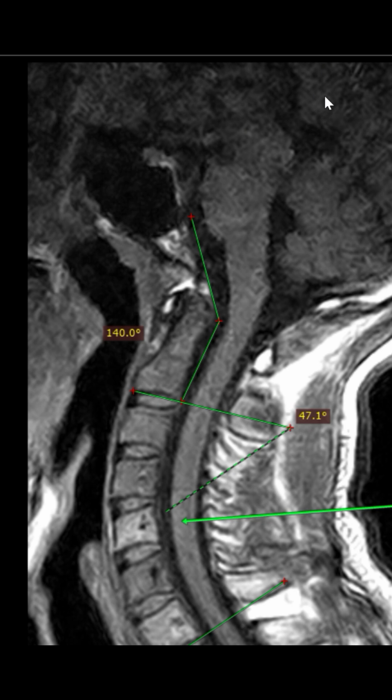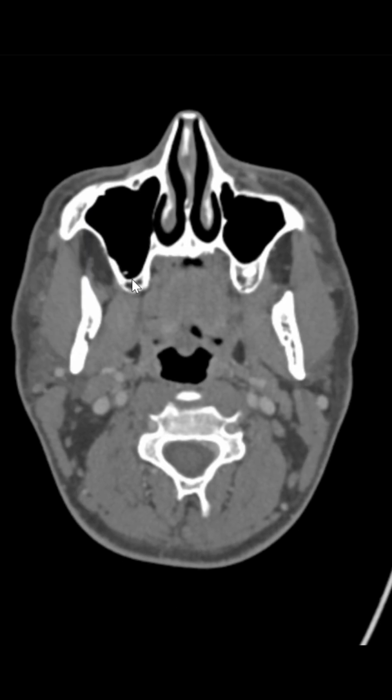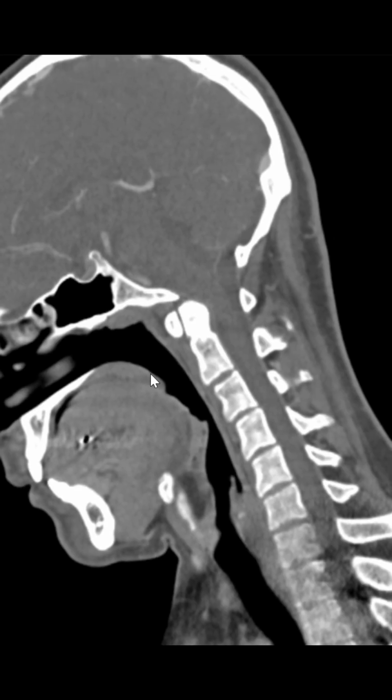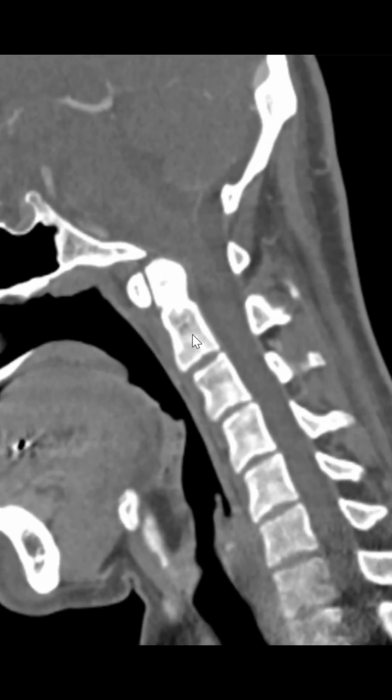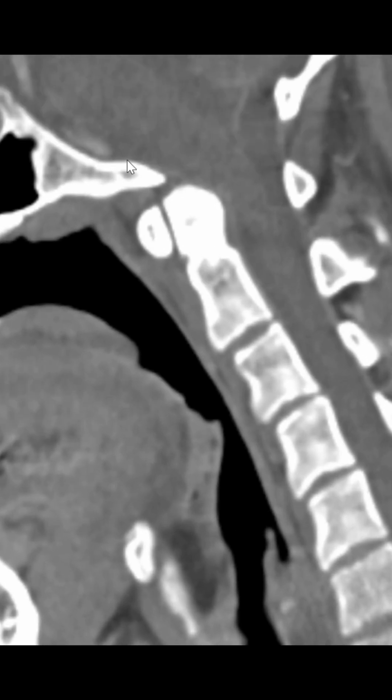Another aspect we can look at, and as we mentioned, if there is only an axial view, then you simply change the multiplanar to sagittal, and you'll get the view you wish. And you can see sometimes you'll get this. I couldn't find the one scan that actually had some excessive bone growth, probably from injury or from birth.